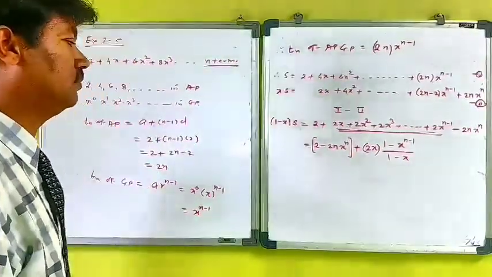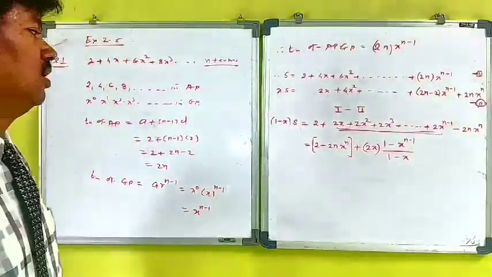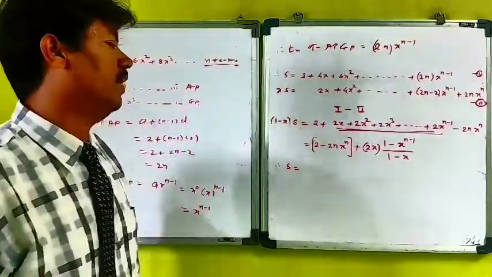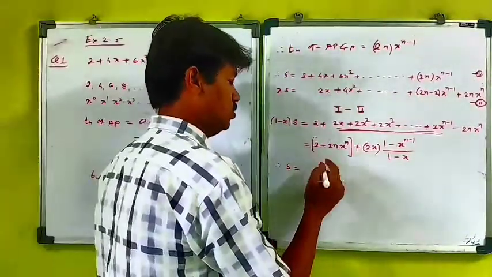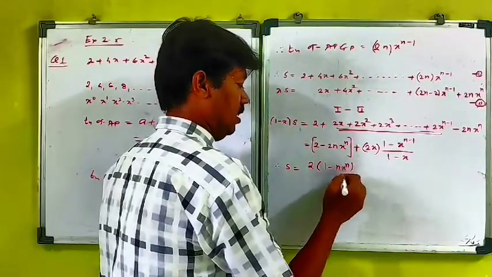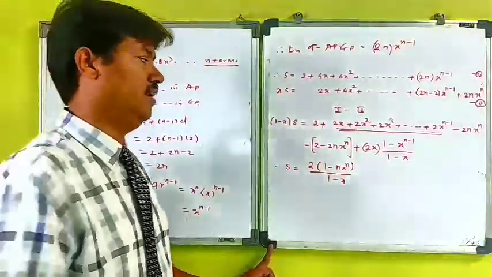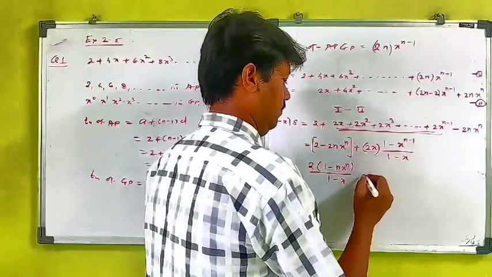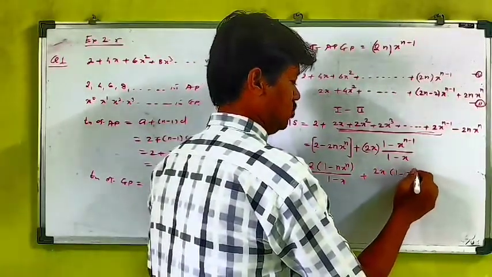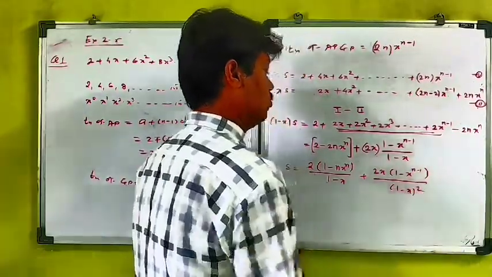So finally, look at that. What is the answer for this? Since 2 is taken common, S into 1 minus x equals 2 times 1 minus n x to the power n, plus 2x times 1 minus x to the power n minus 1, upon 1 minus x. Dividing by 1 minus x, we get S equals 2 times 1 minus n x to the power n upon 1 minus x, plus 2x times 1 minus x to the power n minus 1 upon 1 minus x squared.